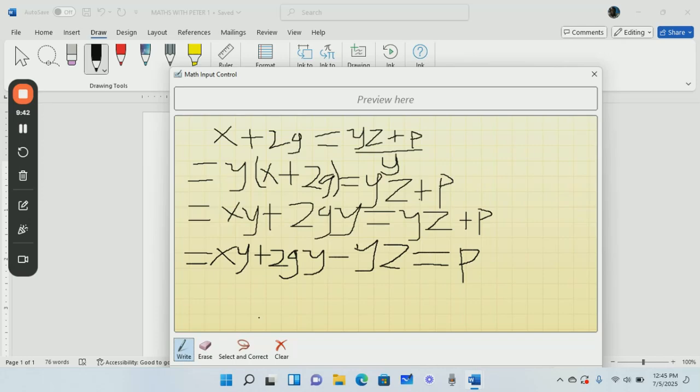So what you do is that you now factorize y out because you have y throughout all the terms here. So this will be equal to factorize y out of the equation.